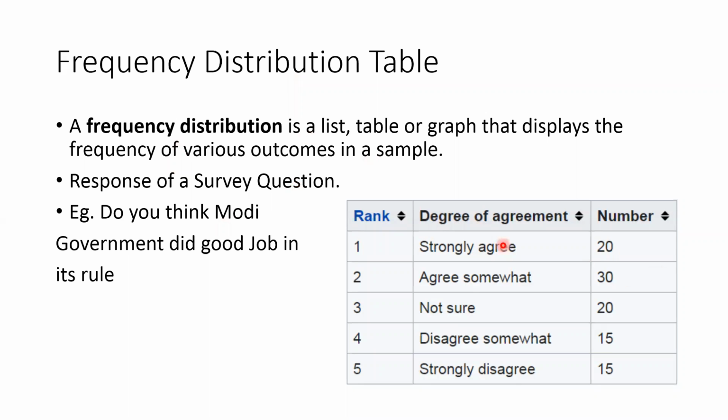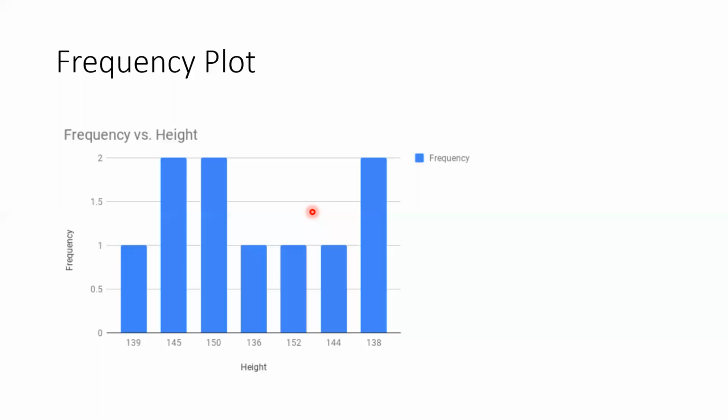So for every degree of agreement, I have calculated the total number of people. This is known as my frequency distribution table. After this frequency distribution table, we create a frequency plot.